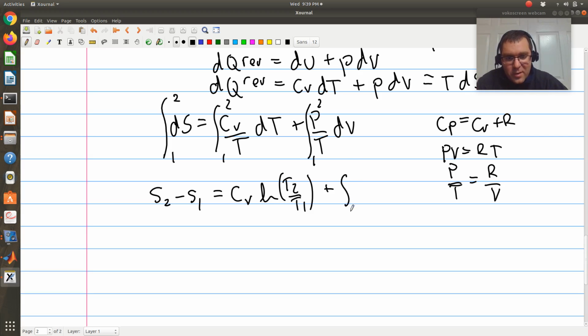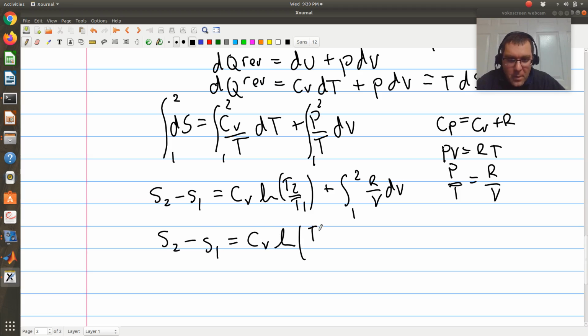So this could be the integral from 1 to 2 of R over V dV. So S2 minus S1 is equal to Cv log T2 over T1, R is constant, so plus R times the integral of 1 over V dV, which is log V2 over V1.